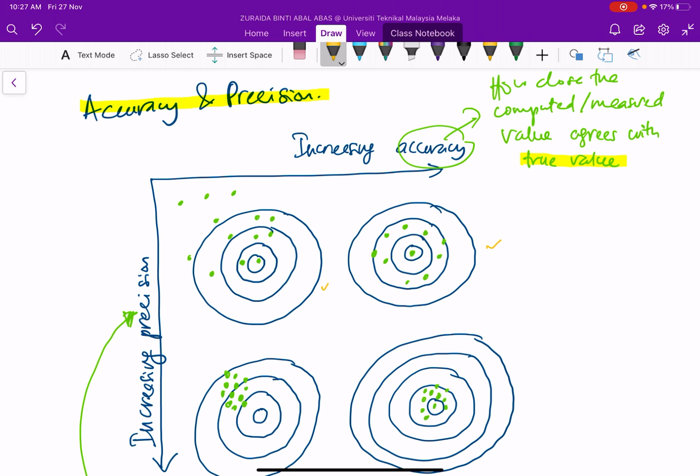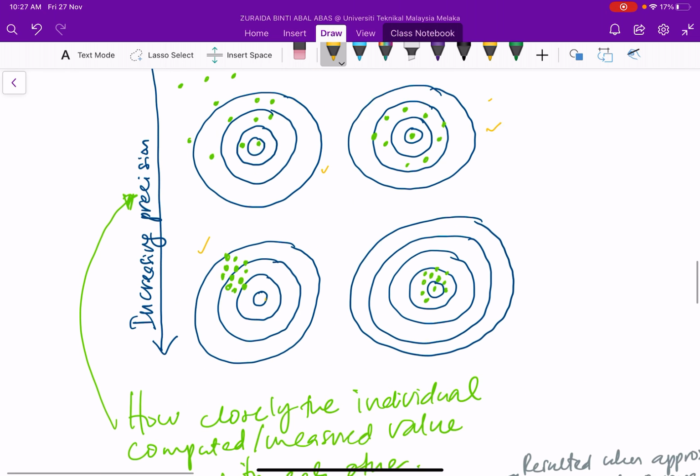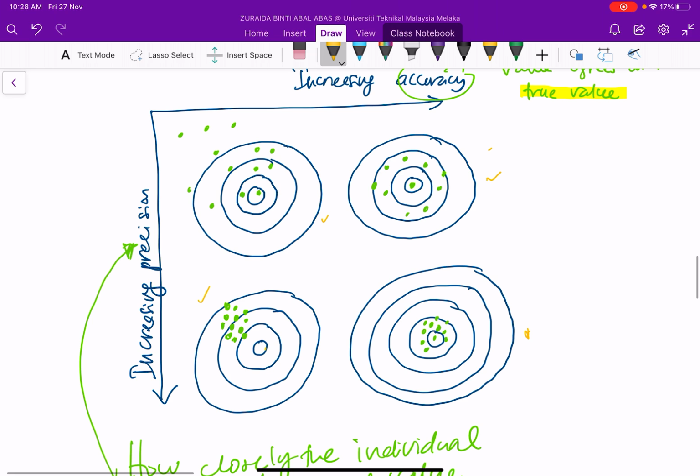This one has higher accuracy, close to the true value, but still low precision because the points are spread out. For this one, the marks are very close to each other, so it is higher precision but not close to the true value, so it is lower accuracy. But for this one, it is both close to the true value, which is higher accuracy, and the points are all close to each other, so it has higher precision.